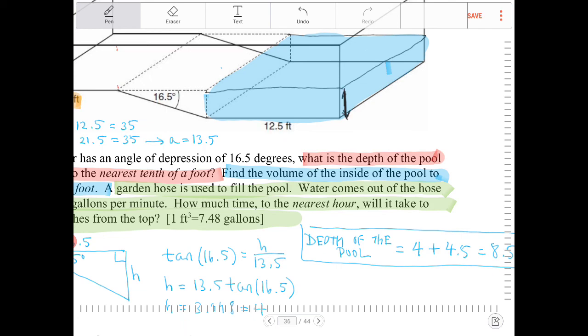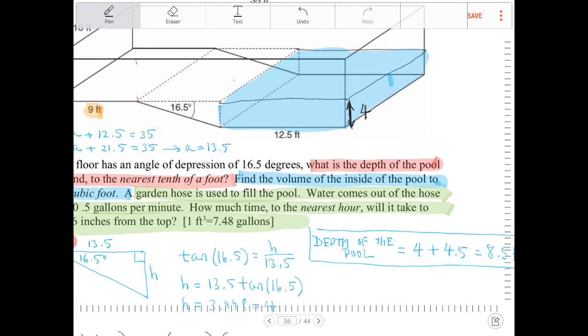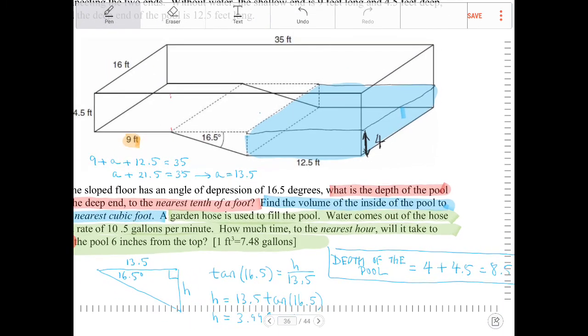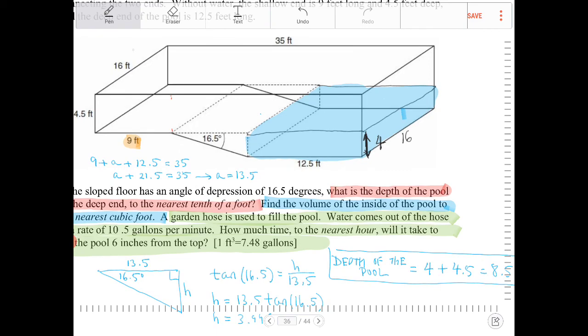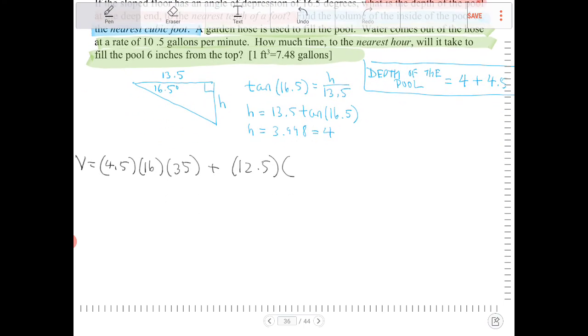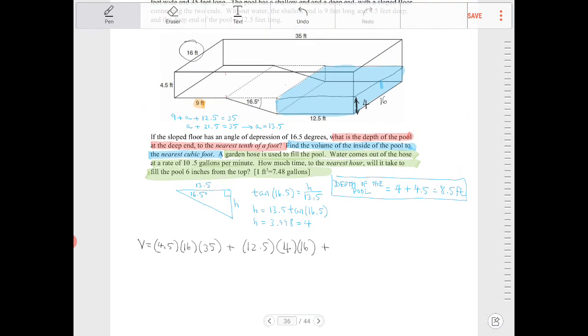We found that to be 4. So this is 4, right? And then the width of this is also going to be 16 because of this dimension over here. So 12.5 times 4 times 16. So that's the volume of that rectangular prism.